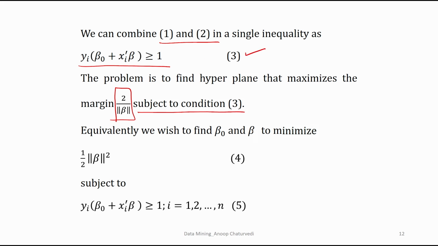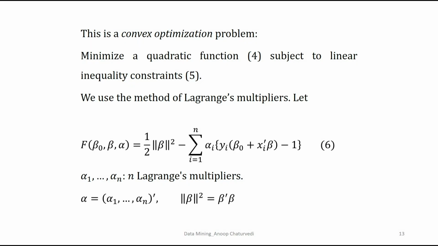Or equivalently, we wish to find beta naught and beta to minimize 1 upon 2 norm beta square subject to yi into (beta naught plus xi transpose beta) greater than or equal to 1 for i equal to 1 to n. Now, this is a convex optimization problem.